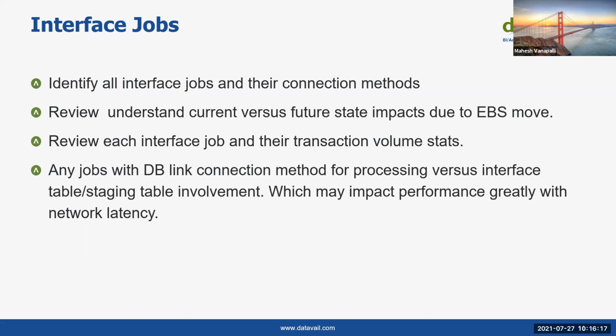And now changing the underneath storage and finding the appropriate fix becomes more complicated. So when we review these interface jobs, it is important to check the transaction volume stats: what is our daily average for the transactions, what is our monthly peak hour utilization or transaction volume, and what are the run stats for the same job.